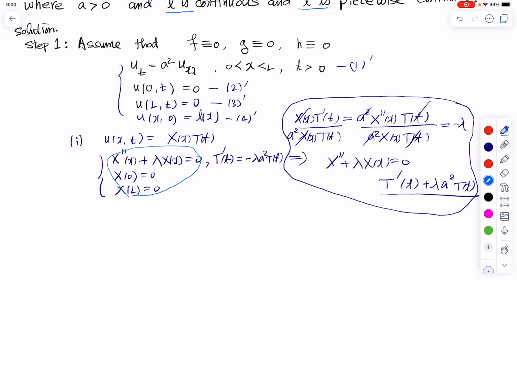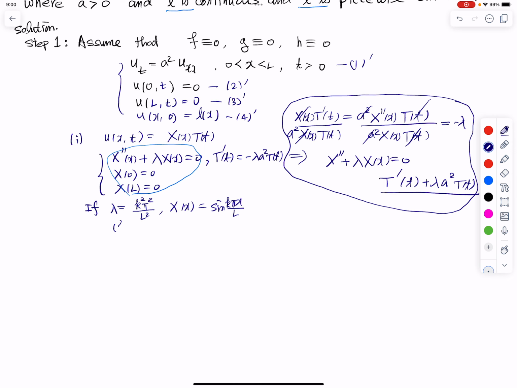In the previous lecture, if lambda equals k squared pi squared divided by L squared, then X(x) equals sine of k pi x divided by L, where k is a natural number. If lambda is not equal to this value, then X should be 0.